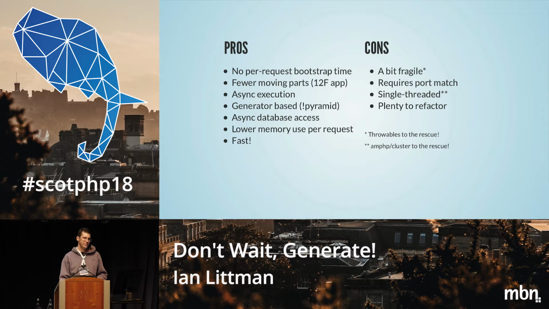So you get these benefits, and it's up to you to say whether you're memory bound or not. If you're memory bound, then having one copy of your application rather than 50 in RAM is a big deal. If you're bootstrap time constrained, then not having that bootstrap time, as long as your application does not have global state that you expect to be flushed out at every request, is a big advantage as well.